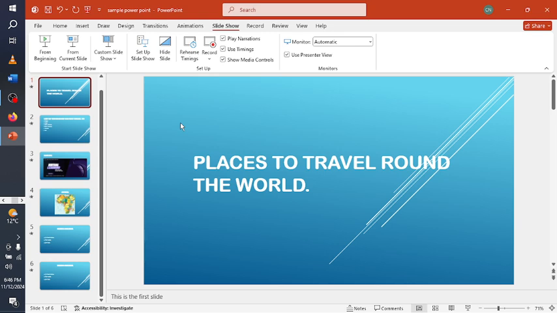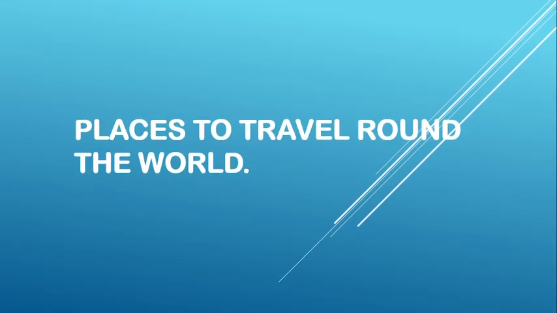So how do you use the slideshow? You go to slideshow, and you see something like play from the beginning or play from current slide. We want it to play from the beginning, that's the first slide, the introduction slide.